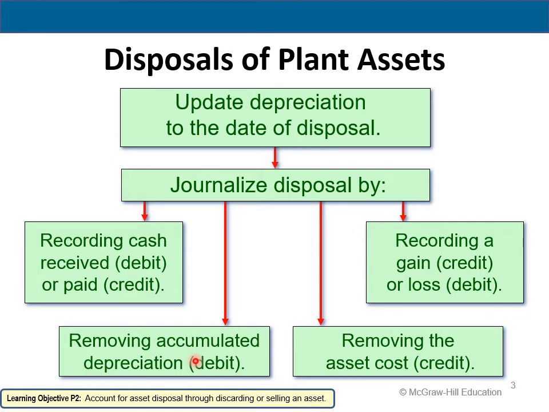If you are able to sell it for cash, obviously you're going to debit cash for any amount received for the old asset, and then you're going to have a plug. If you need a credit to make the journal entry balance, you have a gain on disposal, or if you need a debit to make the journal entry balance, you'll have a loss on disposal. And this is the abstract. Of course, we'll work through this a few times in class.